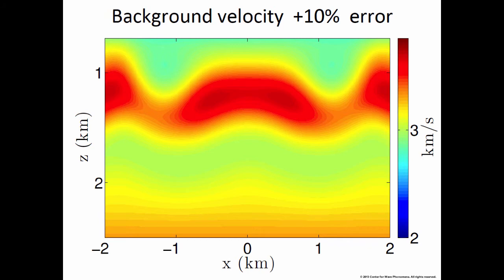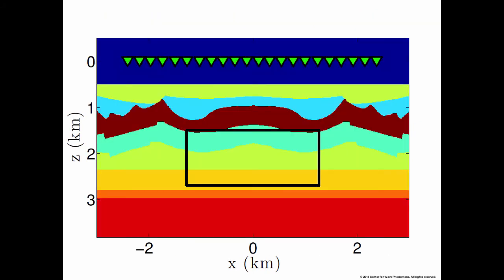In this case, what we did is a very simple test, and a plan for the future is to apply more complex errors to this background velocity. Now we just apply a constant error of 10% to this velocity, and clearly when we use this velocity for migration, all the layers, since the velocity is higher, will be shifted downward.